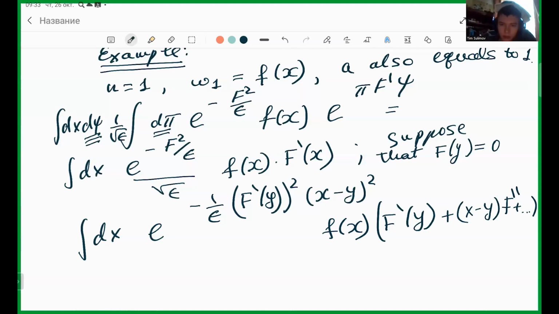We are supposing that f is 0 at some point y?